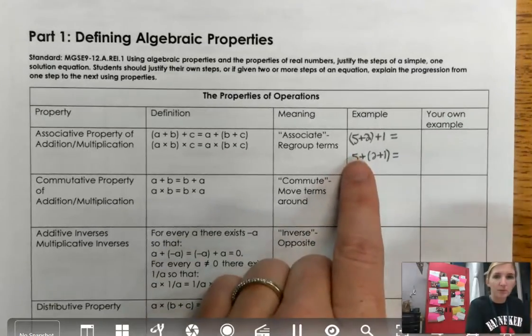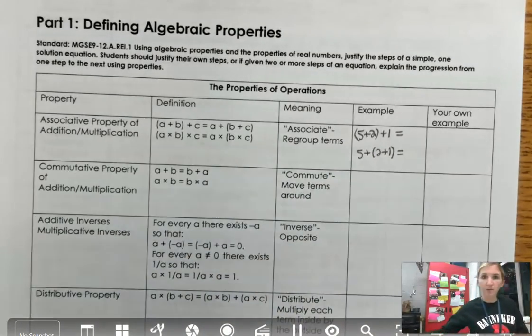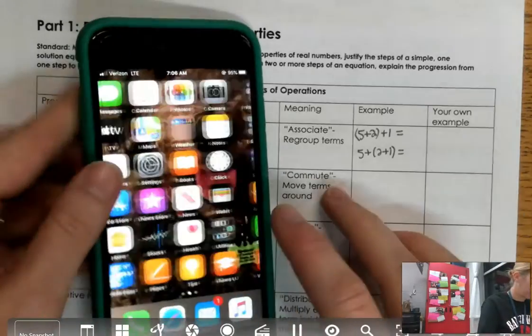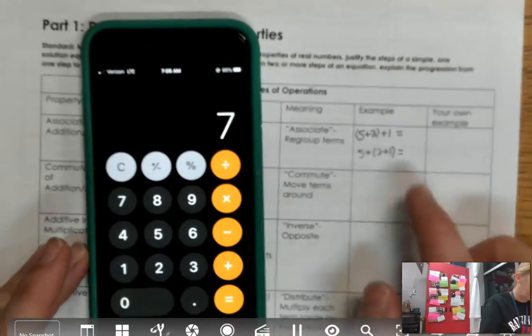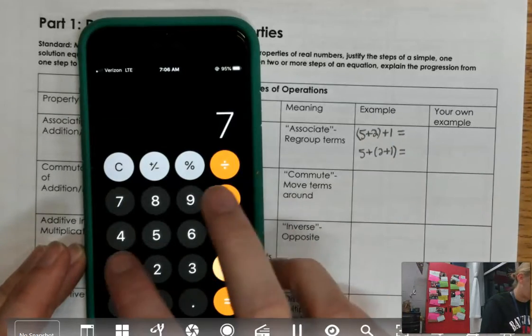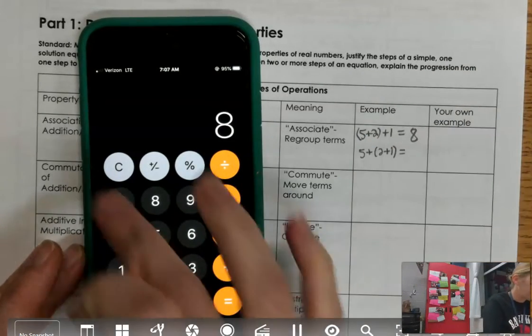All right, remember with PEMDAS, we do parentheses first. So we would do the 5 plus 2 first. And I get 7. 7 plus 1 gives me 8. So my answer here is 8.